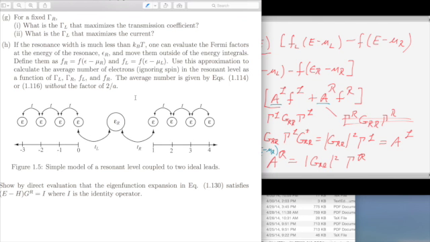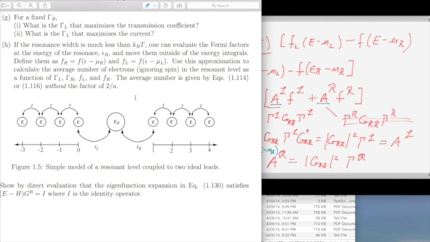You pull them outside the integral, and then you've just got the same integral you've just done, right? Break it up into two parts, one due to the left, one due to the right. You add them all together, and you'll get your expression for the average number of electrons on that resonant site.